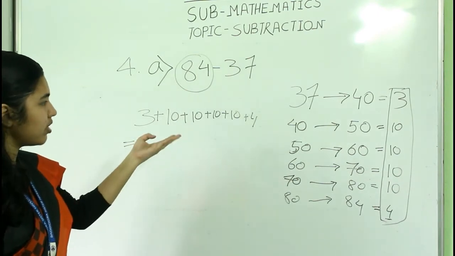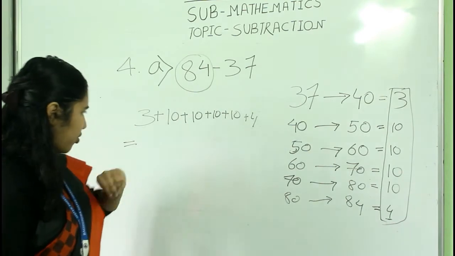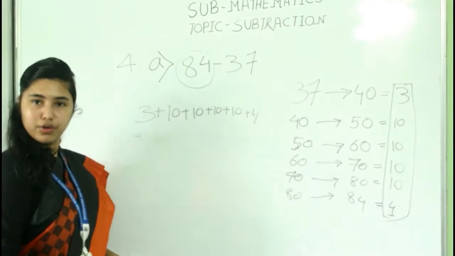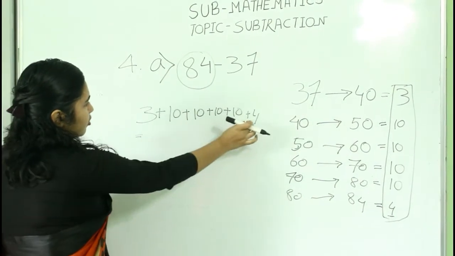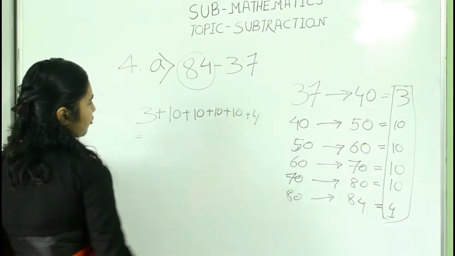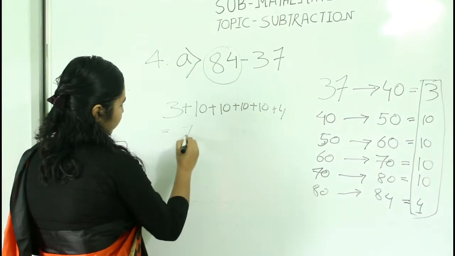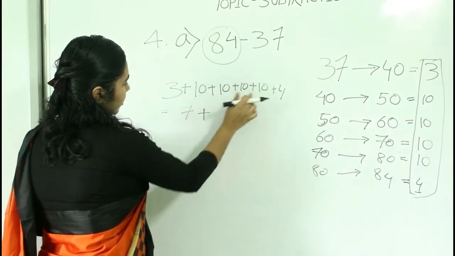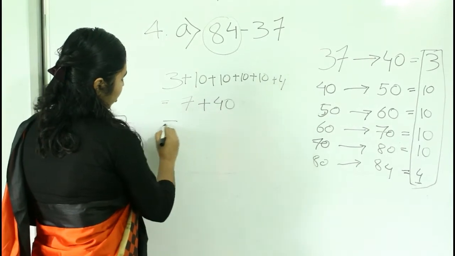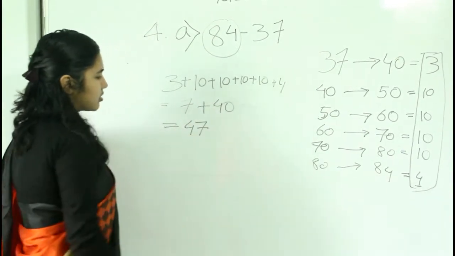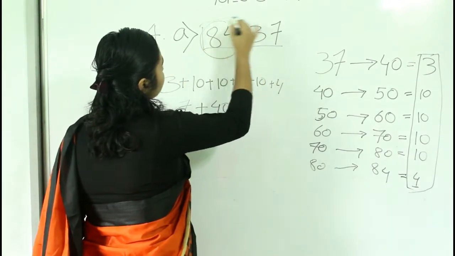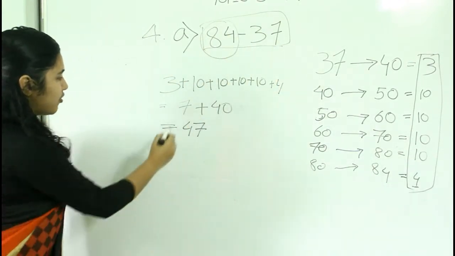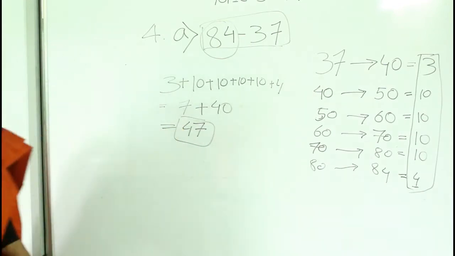After 43, 4. Now add these 4 tens with 3 and 4. So 3 and 4, 7 plus 4 tens means 40. So our result is 47. That means the difference between 84 and 37 is 47.